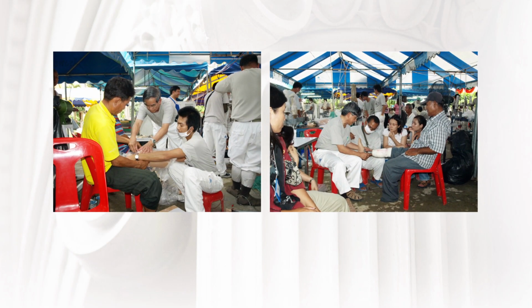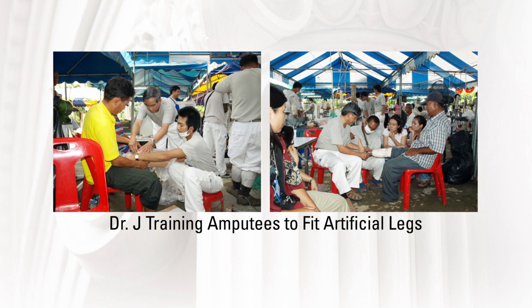That adds up to a lot of costs. Certainly, Dr. J does not have a budget to employ these highly skilled technicians. Neither such people are even available in Thailand. So his box 3 innovation was he trained amputees who received artificial leg. He trained them to fit artificial legs for others.